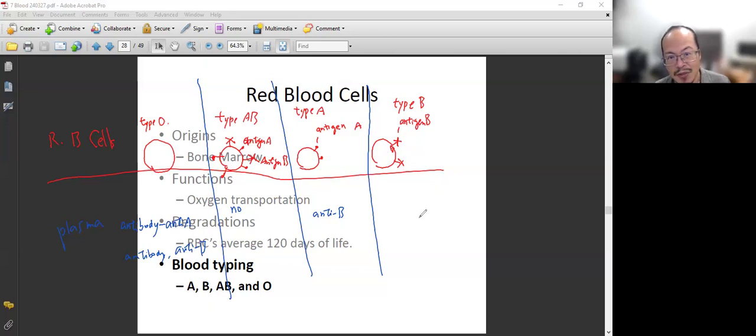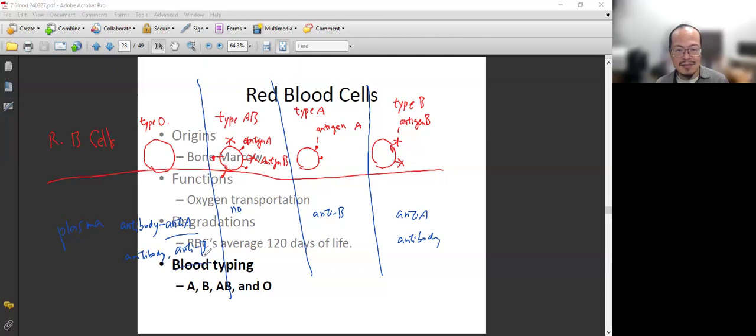For the type B person, it will have anti-A antibody. So that's the whole story. So on the cell side, the cell membrane, type O doesn't have any antigen, but type O has the anti-A and anti-B antibody. These are two different antibodies, though.